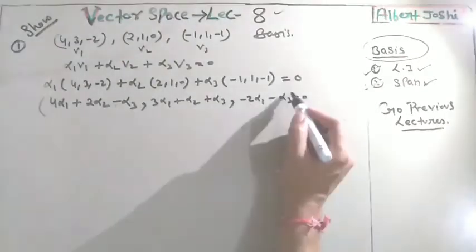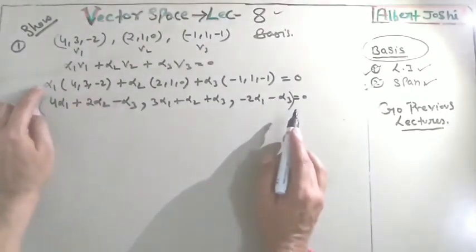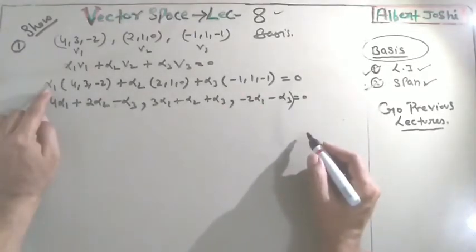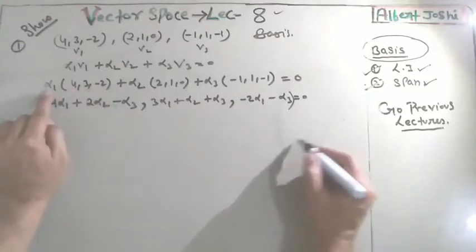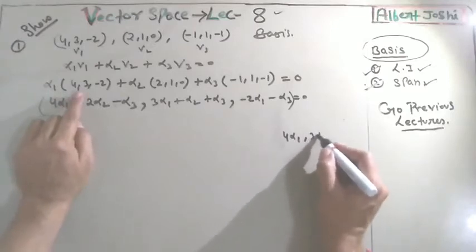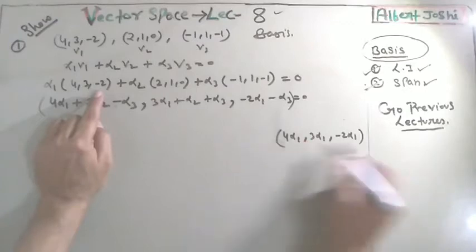Some students may be facing problems with what we are doing. If you are facing any problem, you can multiply. What we are getting: alpha 1 into 4 gives 4 alpha 1, comma, 3 alpha 1, comma, minus 2 alpha 1. This is the first one.